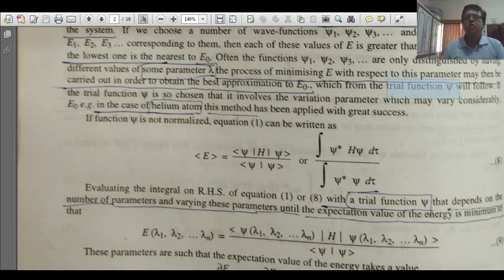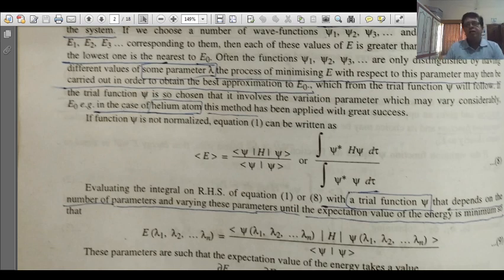The function psi is known as the trial function or variation function, which we are using in this method. The trial function is chosen so that it involves the variation parameter.